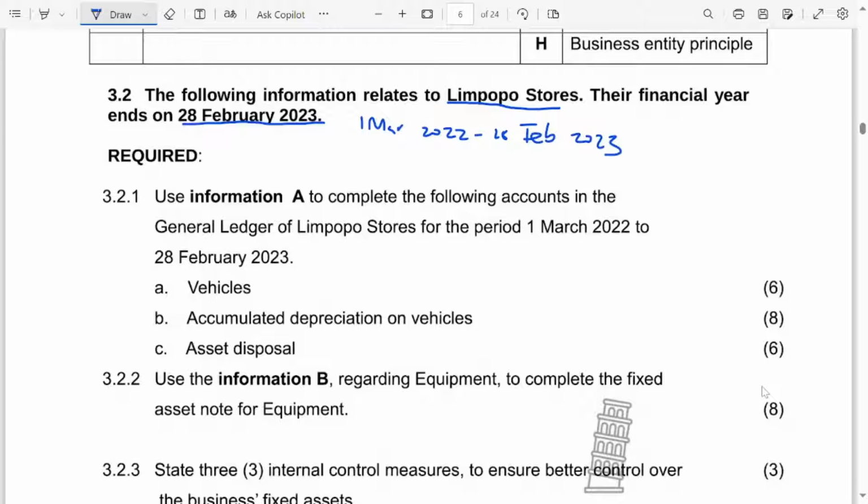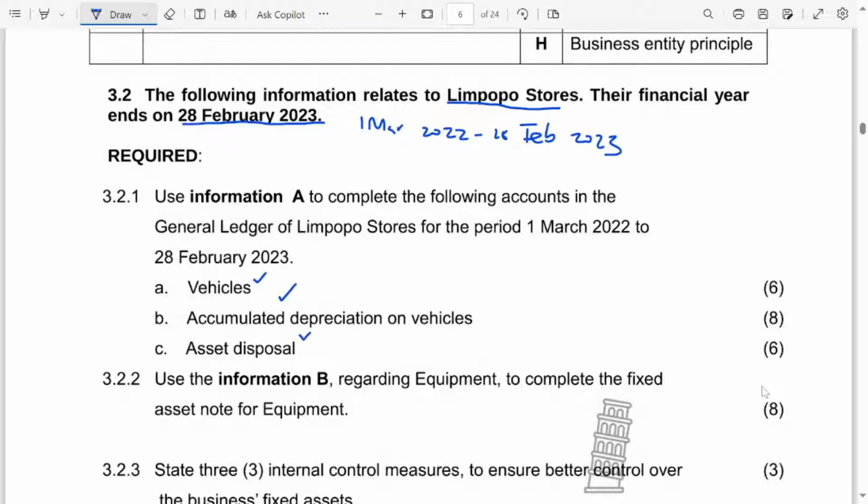They are saying, use information A to complete the following accounts in the general ledger of Limpopo stores for the period of 1 March 2022 to 28 February 2023. So they want us to complete these accounts: vehicles, accumulated depreciation on vehicles, and the asset disposal.